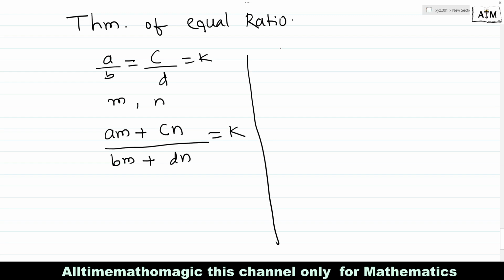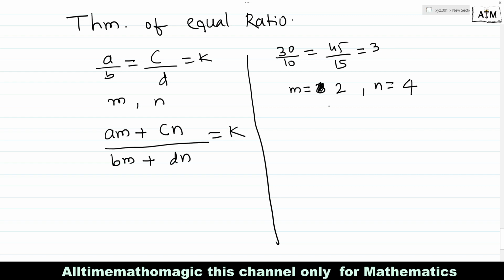Now an example: 30 upon 10 equals 45 upon 15, and each ratio is equal to 3, therefore we are writing 3. Now select any two numbers. Suppose I select M equal to, let us say, 2, and N equal to, let us say, 4.